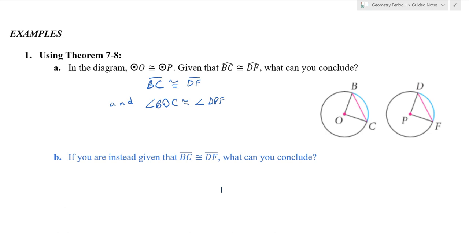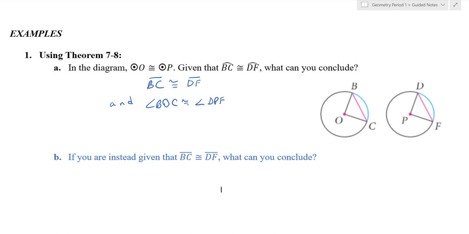If the two circles are congruent, and given that arc BC and arc DF are congruent, that's what we can actually conclude. Okay, part B is yours to do. So after I read it, pause the video and see if you can come up with the same conclusion as I do. Here goes. If you are instead given that chord BC is congruent to chord DF, what can you conclude?